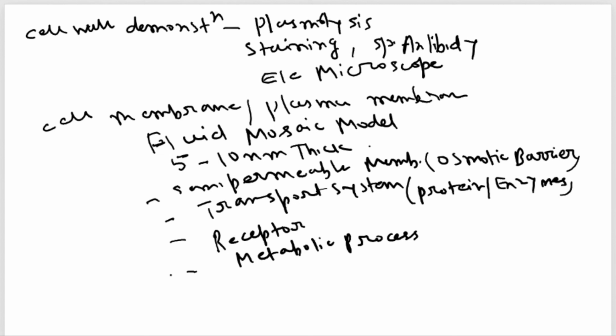In the bacteria, the cytoplasmic matrix consists of 70% water. It consists of ribosomes, some storage granules called inclusion bodies. It consists of mesosomes. Mesosomes are nothing but the cell membrane invaginations. It consists of various cytoskeletal structures.